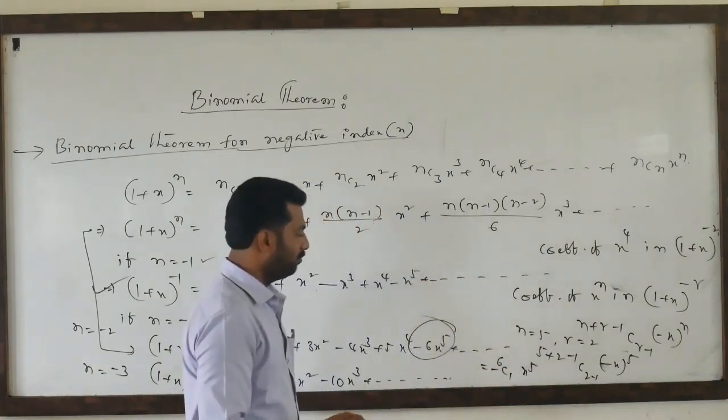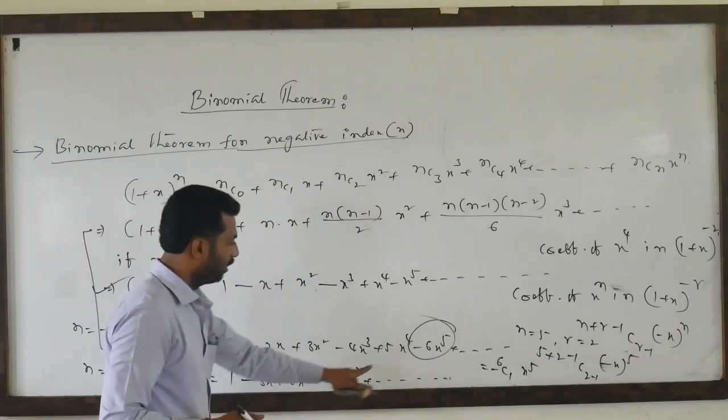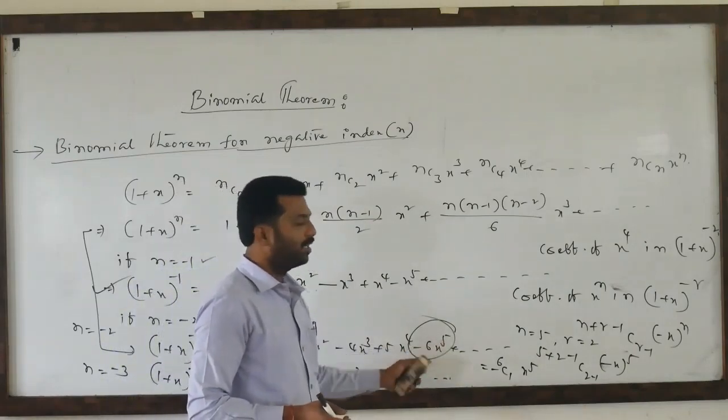Minus 6 C 1 is nothing but minus 6. If you want to check, minus 6 is the coefficient of x power 5.